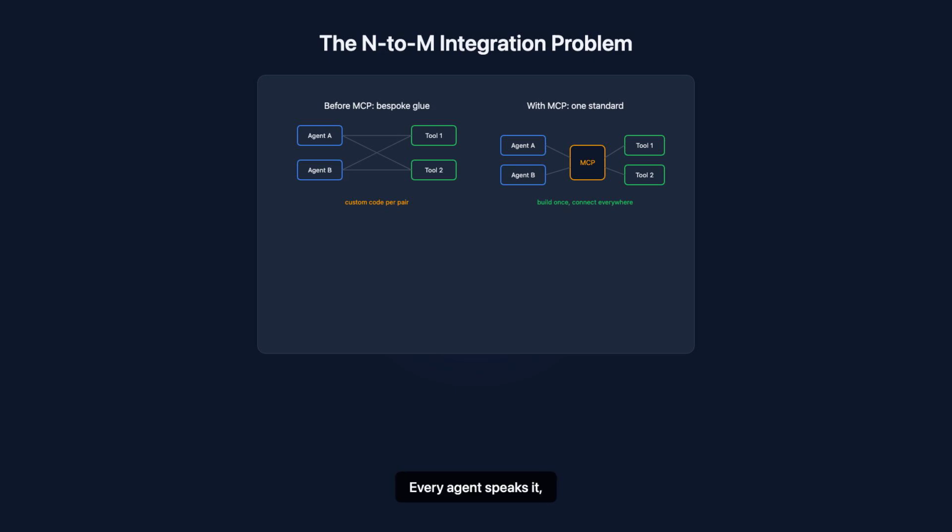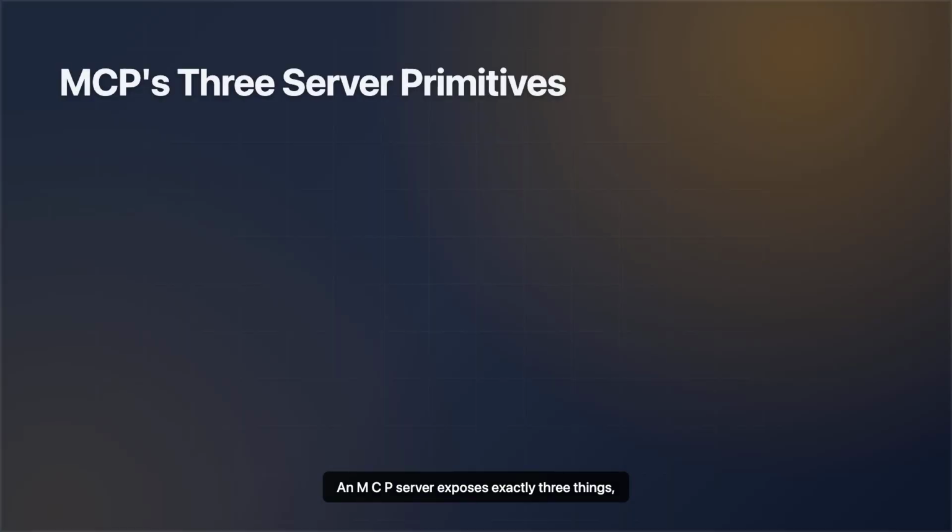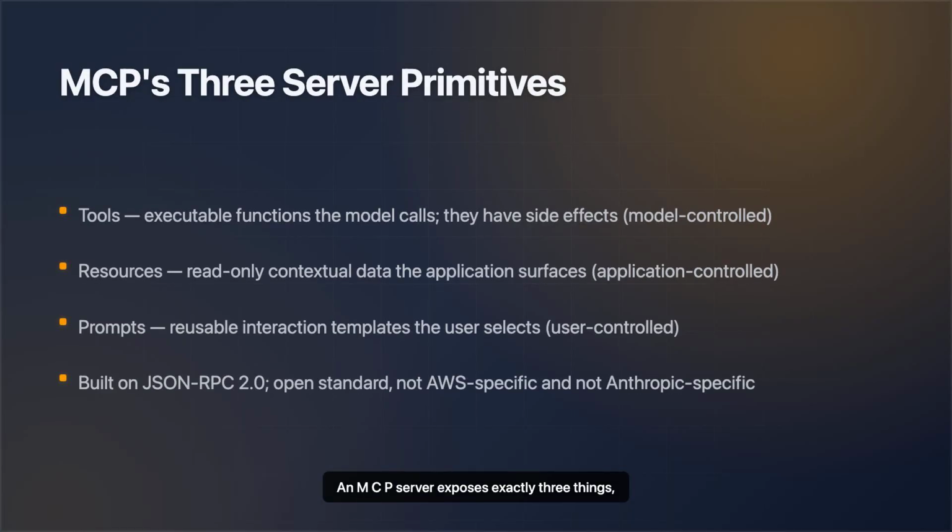Every agent speaks it, every tool speaks it, and now any agent can reach any tool without writing glue for each pair. Build once, connect everywhere. That's why adoption has been so fast. An MCP server exposes exactly three things, and the exam may ask you to sort a capability into the right one.